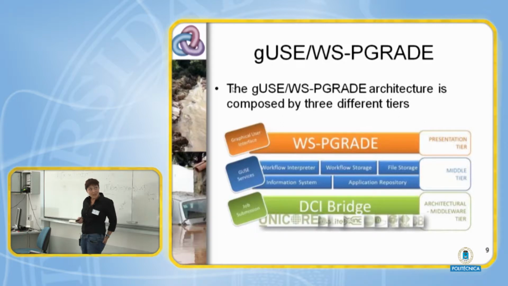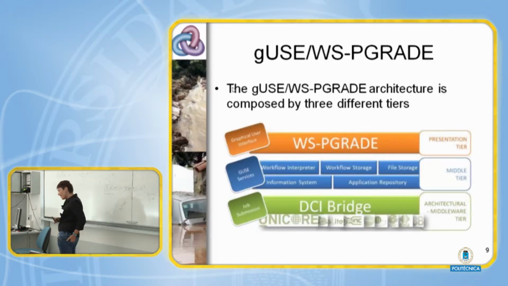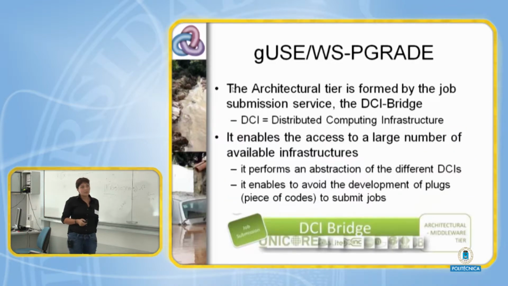Just to give some more detail, but not too much, about the technology we use. The architecture is composed of 3 different layers. Let's start with the lower one, the architectural and middleware tier.